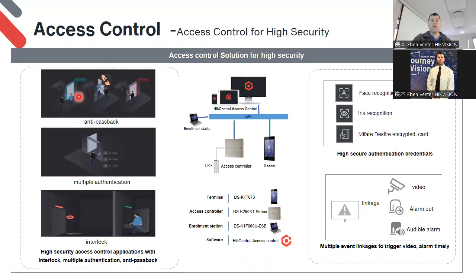So basically you can have anti-passback itself. So that won't allow the person to go in with his card, give it to a friend, and then obviously try and let the friend come in with his card. It won't allow him. Or you have multiple authentication that you need. So you need the manager, the project manager, and maybe the supervisor in order to open up the door.